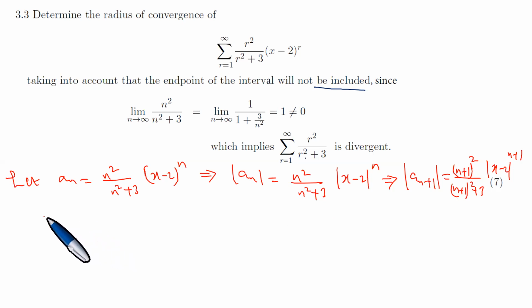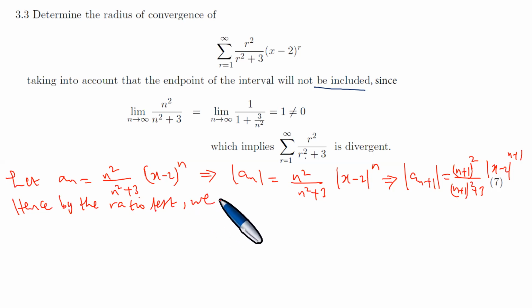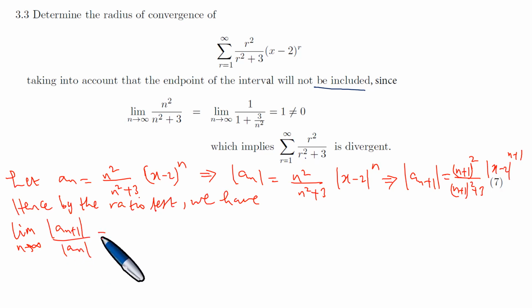Remember the ratio test? Hence, by the ratio test, we have a_(n+1) divided by a_n, which is the limit.